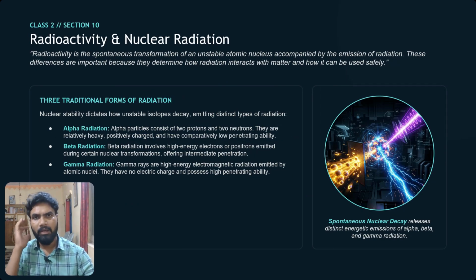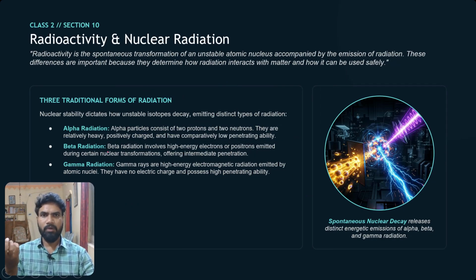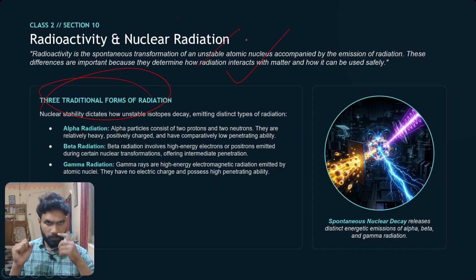Okay, right. So to understand it further, what is radioactivity? Radioactivity is the spontaneous transformation of an unstable atomic nucleus, the center, accompanied by the emission of a lot of radiation.